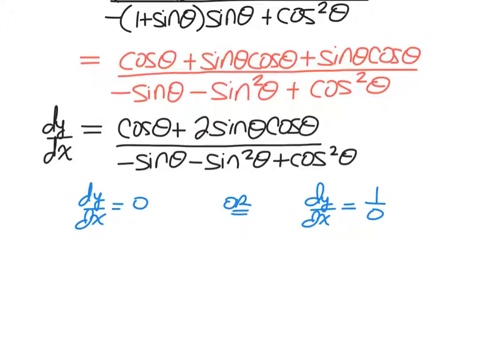So basically figure out what would make it equal to 0, figure out what would make it undefined. Because essentially, dy dx is slope. Slope of a line tangent to a curve, whatever. You make it fancy if you want. But it's slope. When slope is equal to 0, it's a horizontal line. When slope is undefined, it can be a vertical line.